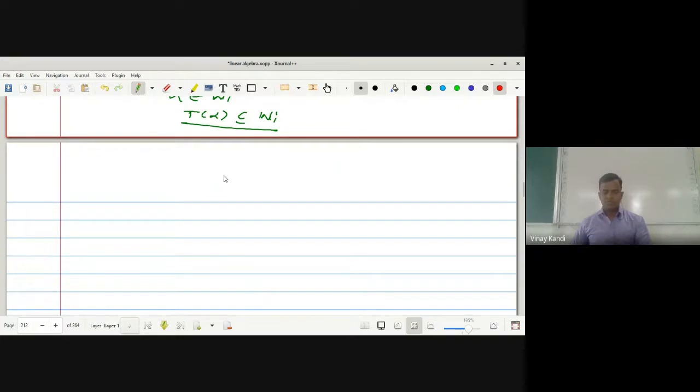Okay, first tell me what is a nilpotent matrix? Anyone knows? Nilpotent matrix or nilpotent operator. When do we call a matrix nilpotent?